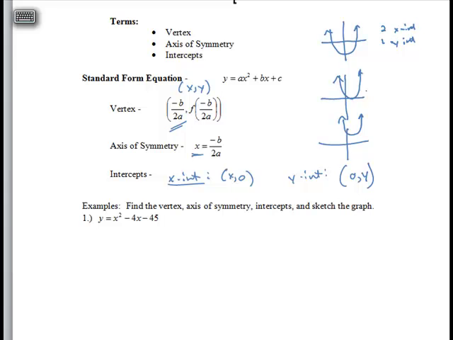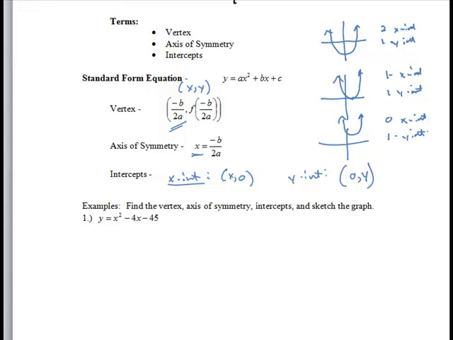The second graph only touches the x-axis at one point. The vertex lies right on it, so there's only one x-intercept, and once again, only one y-intercept. And the third one, the parabola, never touches the x-axis, so there are not any x-intercepts, and touches the y-axis once again at one point, so one y-intercept.